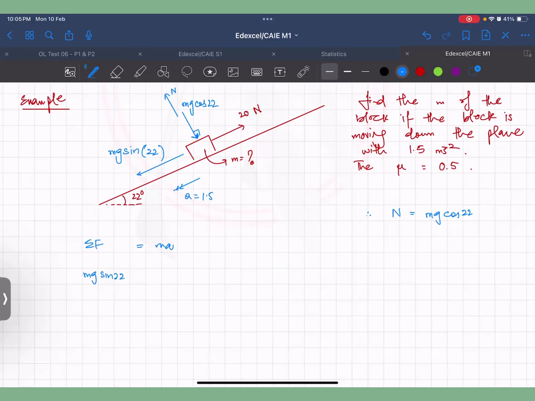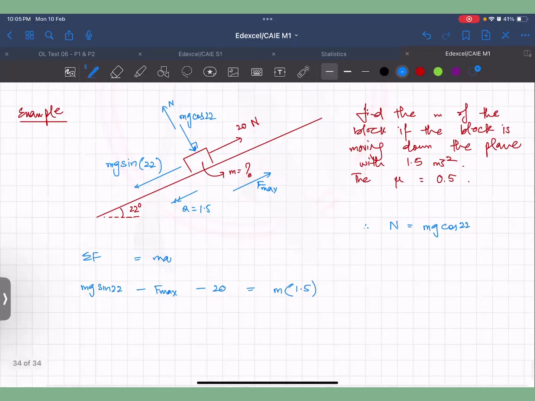There's no other thing pulling it down. If it is going down, the friction would be upwards, opposing the motion. So minus F max and minus the 20 Newton force, which is also going up the plane, is equal to m times acceleration, which is 1.5.